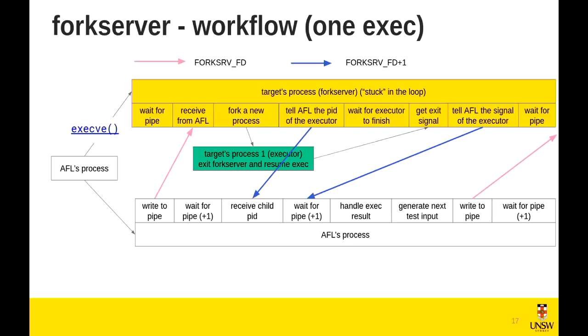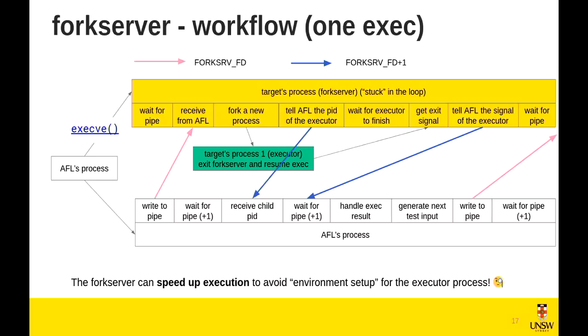This is because whenever we create a new process in the operating system, we need to do a lot of environment setup. We need to set up the stack, set up everything for the new process.